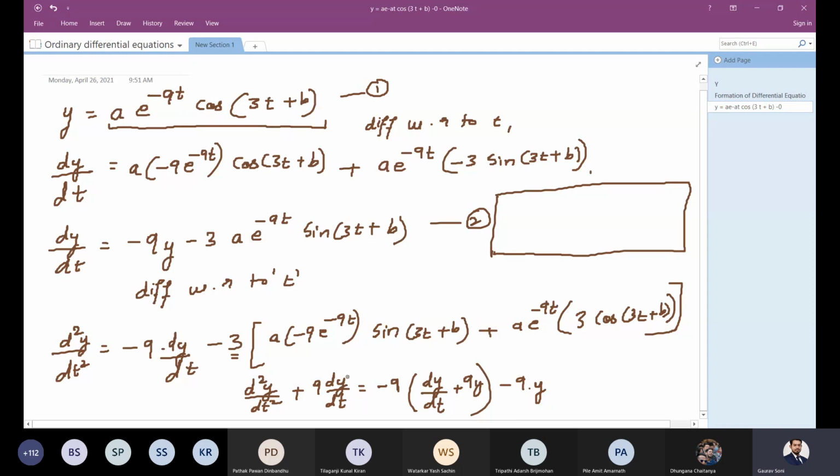So totally that will become 18 d2y by dt square plus 18 dy by dt, and then you have minus 81 minus 9, minus 90 will become plus 90y equal to 0.